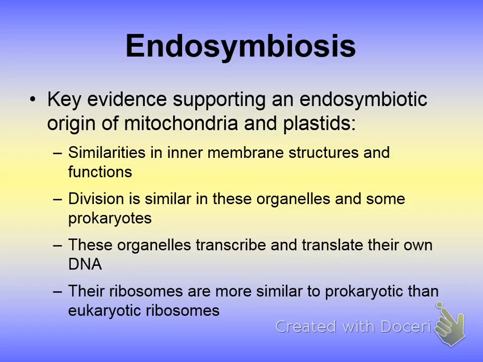Now, a lot of these structures and functions look about the same. And again, it's kind of unique to think about that this could even take place. How can one cell get into the side of another cell? How does that enter in there and then stay alive? Where do the nutrients come from for that cell to stay alive? How are these cells, like a mitochondrion has layers, two cell layers just like the outside does.